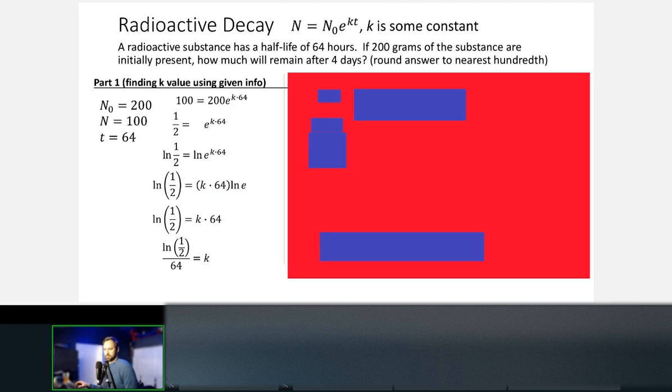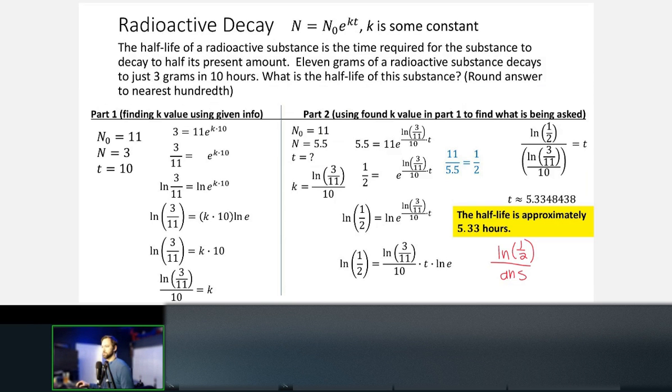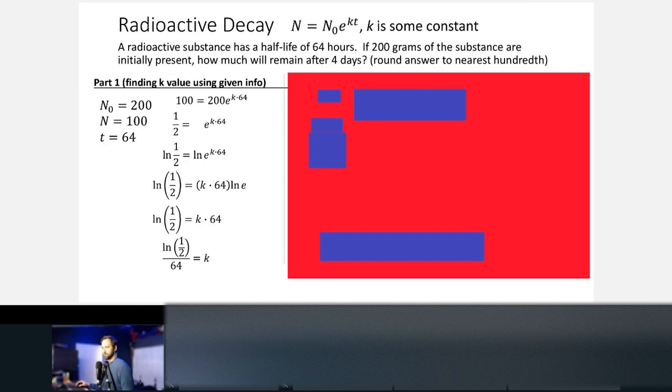All right. Next, you know what we could also do? Let's see this last problem. Maybe this is obvious, maybe this goes without saying, but we could also rewrite that k value.